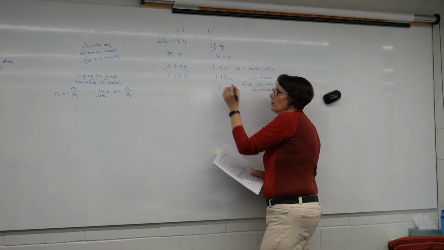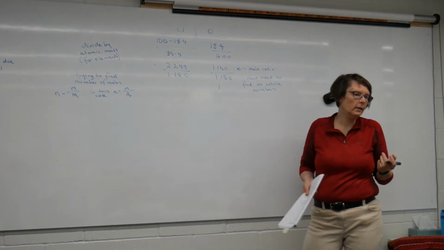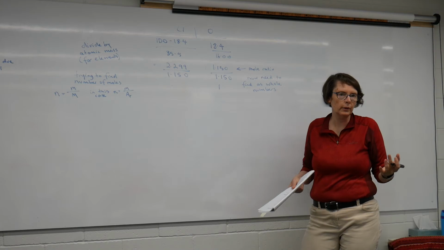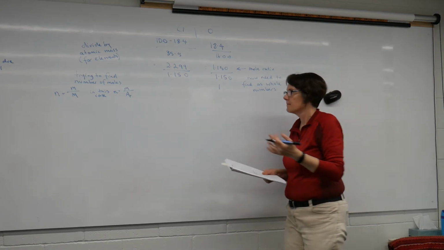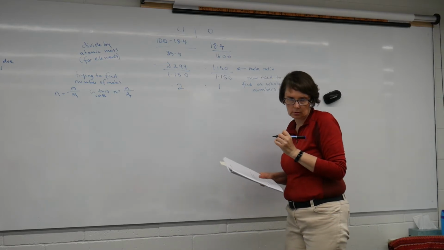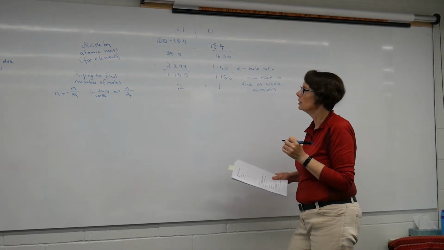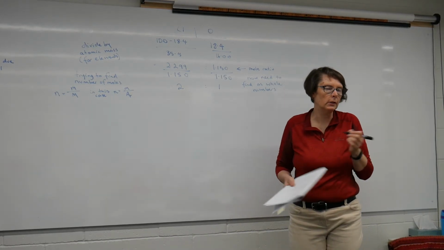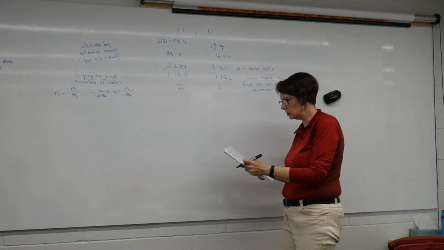Which then, obviously, the one that gets divided by itself is now converted to 1. And the other one is going to be approximately equal to 2. Yeah, 2.299 divided by 1.15 is going to give us approximately 2.